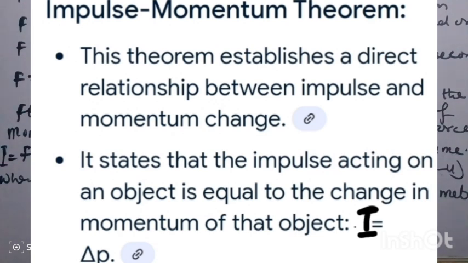The theorem states that the impulse acting on an object is equal to the change in momentum of that object. That is, I is equal to delta P.